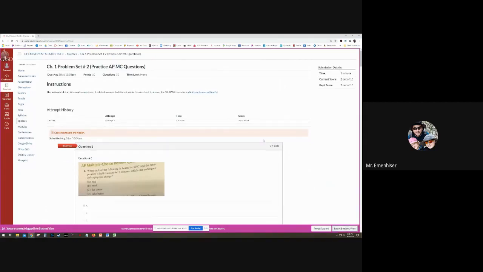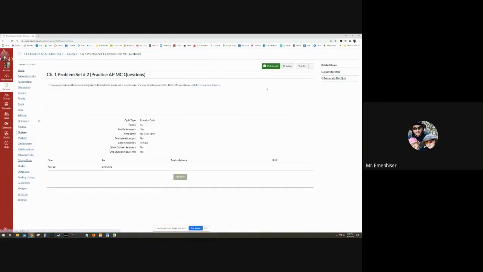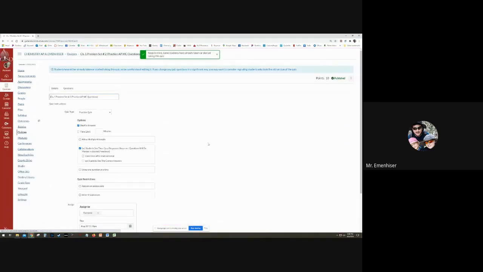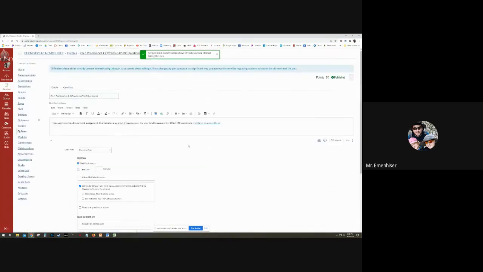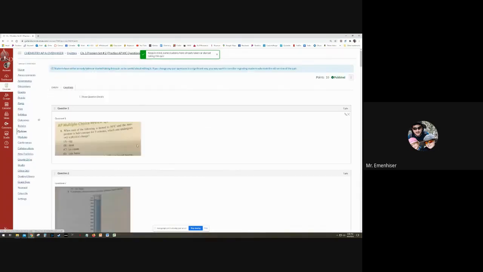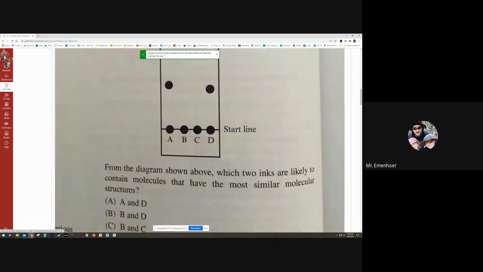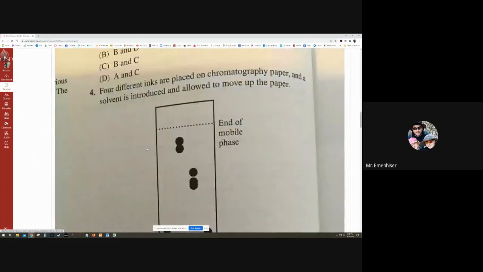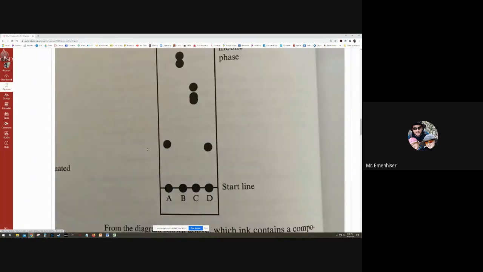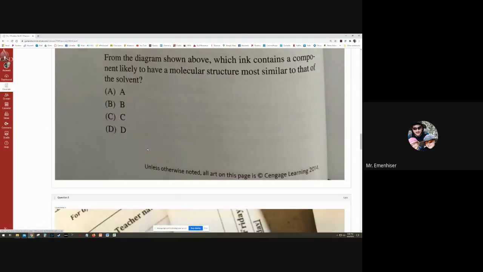Let's leave student view. Maybe I can look at my answer key. Let's do edit. Questions. This question is number 4, right? Yes, number 4.